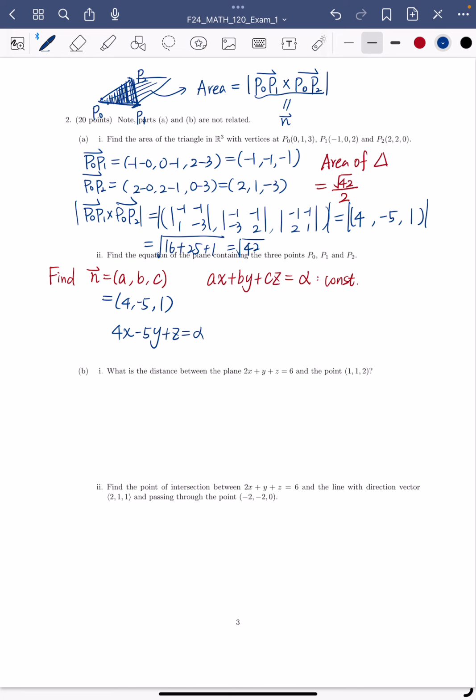You just plug in either P0 or P1 or P2. So we choose to plug in P0. You get 4 times 0 minus 5 times 1 plus 3, which is minus 2. Yep, that's our constant.